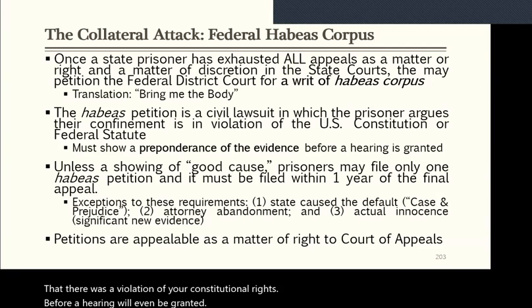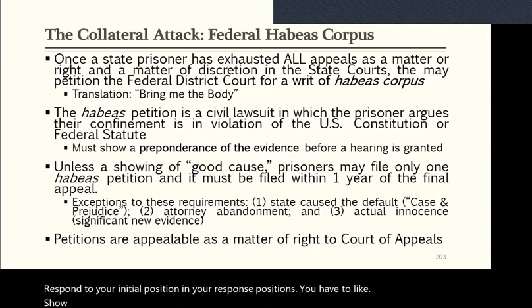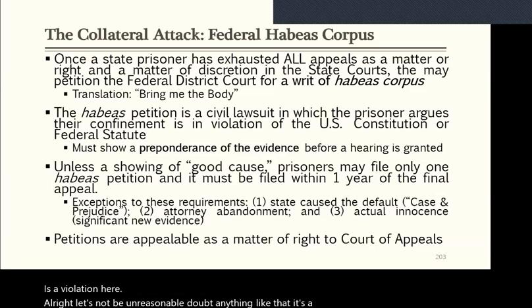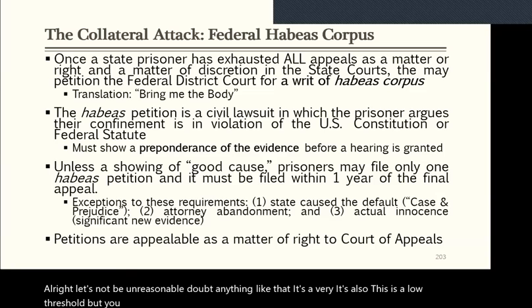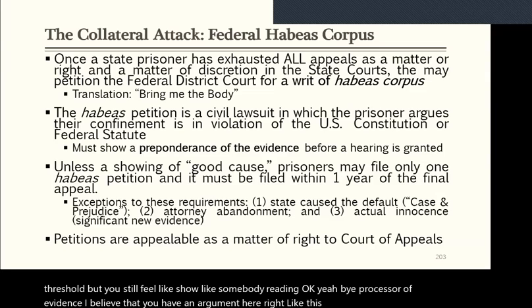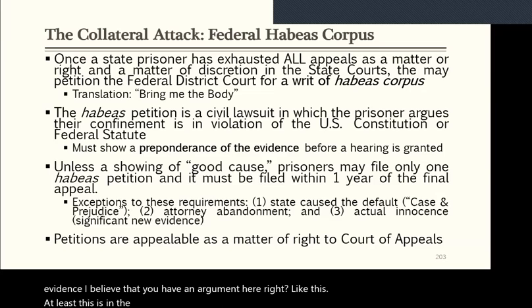So in your initial petition and your response petitions, you have to show the court by like 50.01% that there is a violation here. It's not beyond a reasonable doubt or anything like that. This is a low threshold, but you still have to show somebody reading it, okay, yeah, by preponderance of the evidence, I believe that you have an argument here, right? At least this is in the realm. Now, if you can show by preponderance of the evidence, then you are granted a hearing.